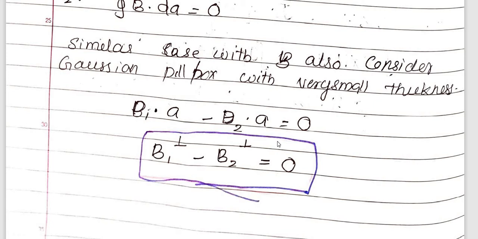So from the first two equations, we studied that the component of electric displacement which is perpendicular to the surface is discontinuous by an amount sigma f, and the component of magnetic field which is perpendicular to the surface or at the boundary is continuous.